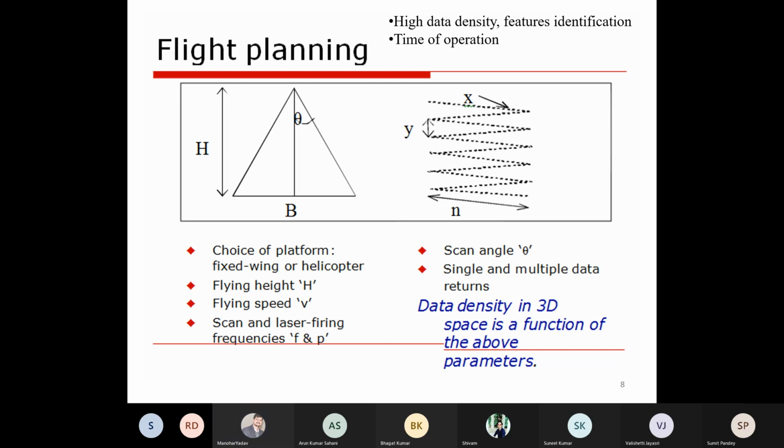Okay. So what will the density be compared to the unidirectional scanning pattern? Will it be doubled or will it be halved? Will it be half or doubled? Sir, half.